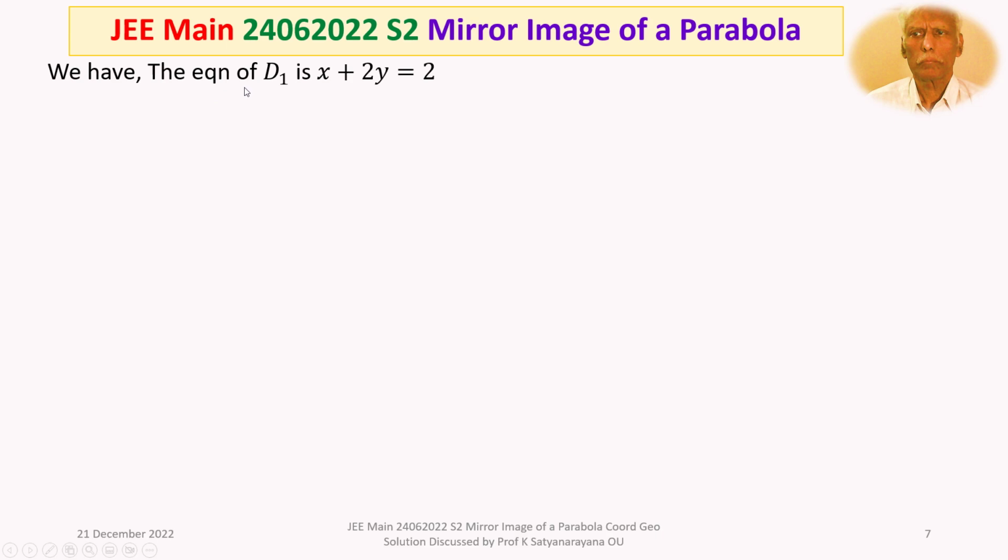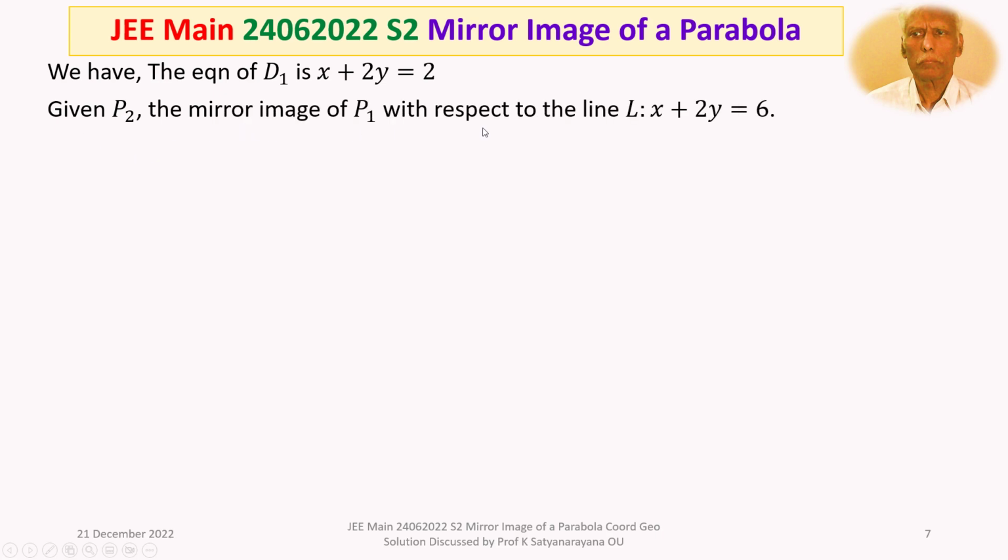We have the equation of d1, which we have just seen, x plus 2y is equal to 2. Given P2 is the mirror image of P1 with respect to the line L, that is x plus 2y is equal to 6. So P2 is also a parabola.